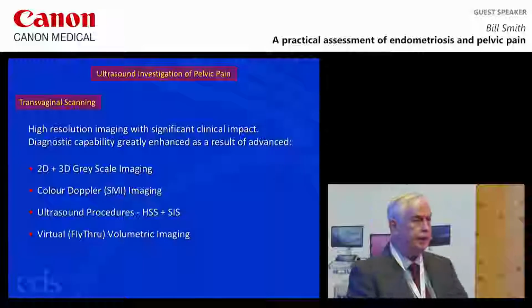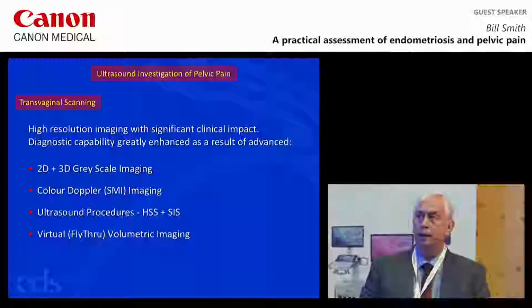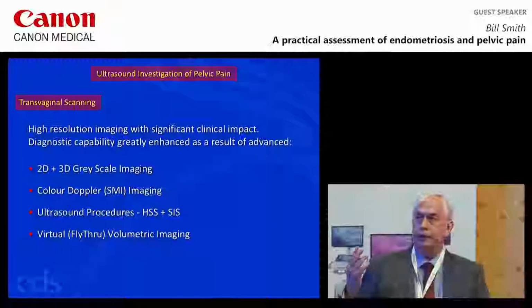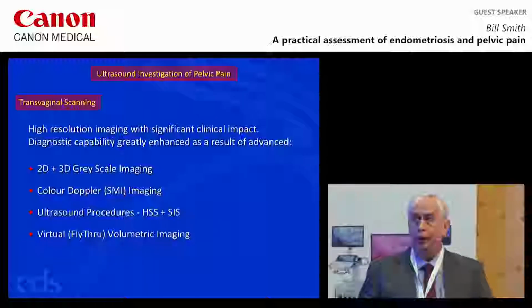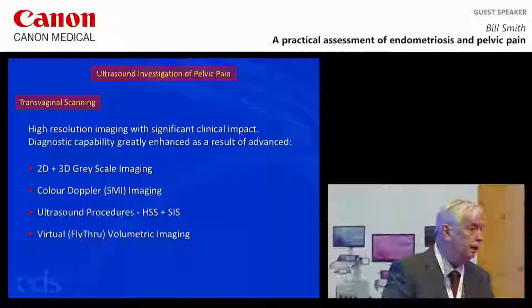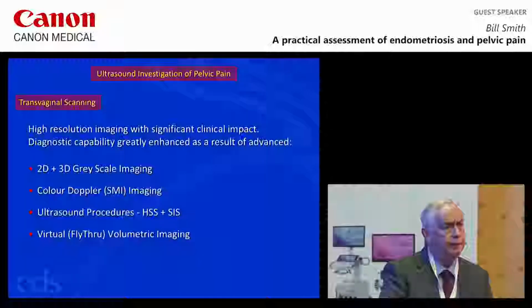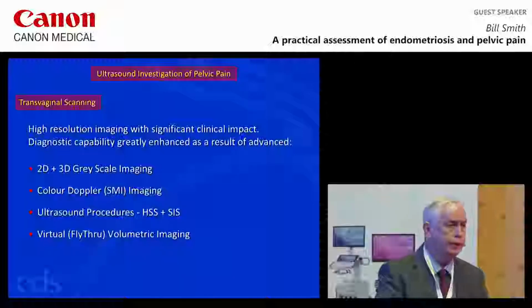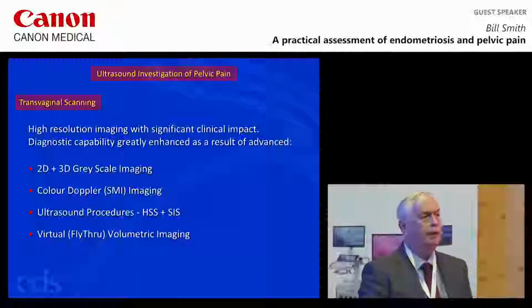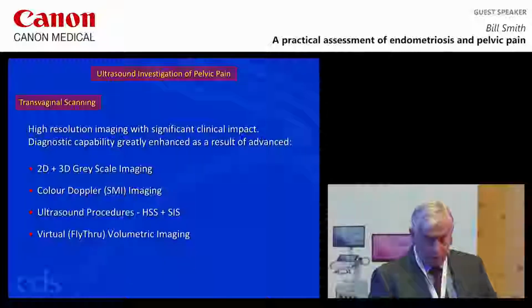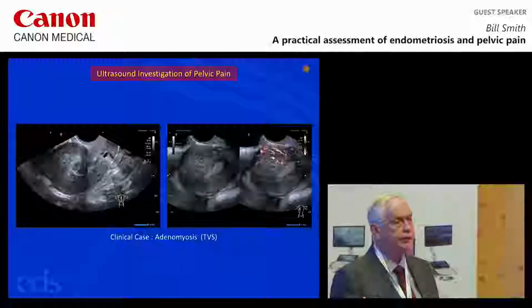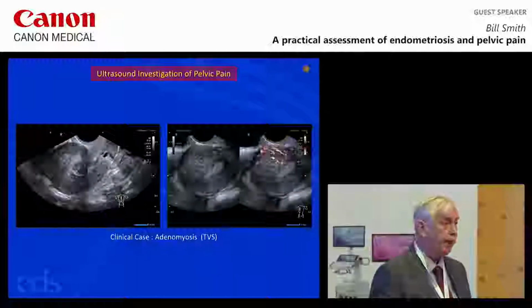And just to emphasize how important transvaginal scanning is, apart from the increased quality of our 2D grayscale imaging and the sensitivity of our color Doppler and SMI, it also gives us access to high-resolution, advanced 3D technology, as well as promoting the role of contrast sonography, particularly saline infusion sonography, as we'll see in this talk. Just a few examples of how we have to use this flexible approach to scanning pelvic pain.